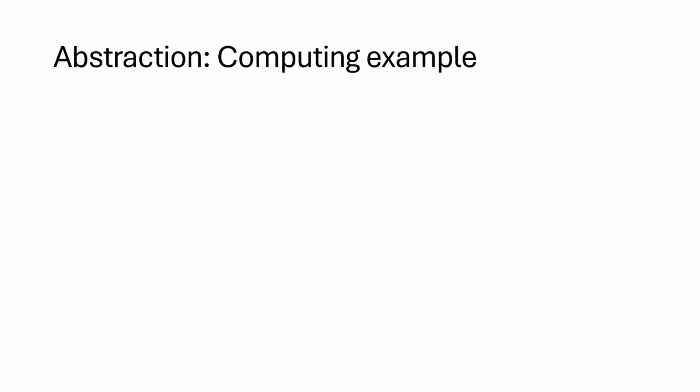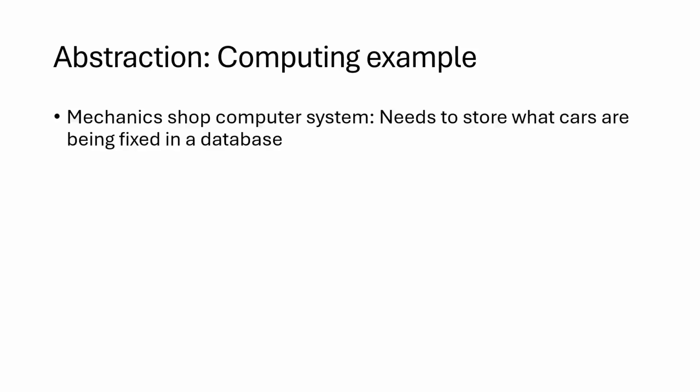And so I'll move on to a more computing example of this. Imagine you have a computer system in a mechanic shop, and in a mechanic shop you have to keep people's cars for certain periods whilst you're fixing them. So you'll need to store what cars are being fixed at the moment, so you know what's going on with that.